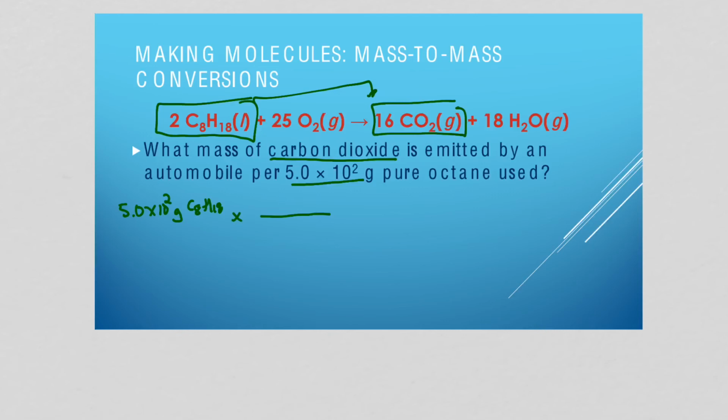So if I take octane, the molar mass is going to equal 8 times 12.01 grams per mole for carbon, plus 18 times 1.01 grams per mole for hydrogen.